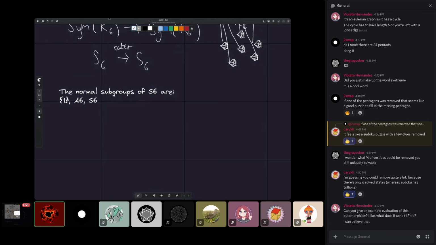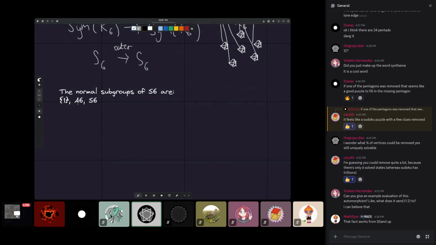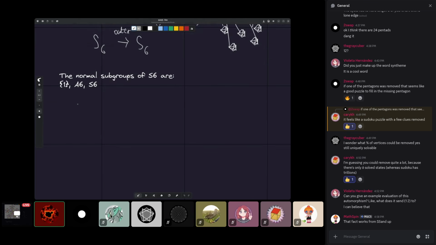I have to leave it unproved. I do know the proof, but I'm guessing the version I've seen for A5 would probably be mirrored to A6. You know it for A5, do you? Something to do with the 3-cycles. Yeah, that's right.